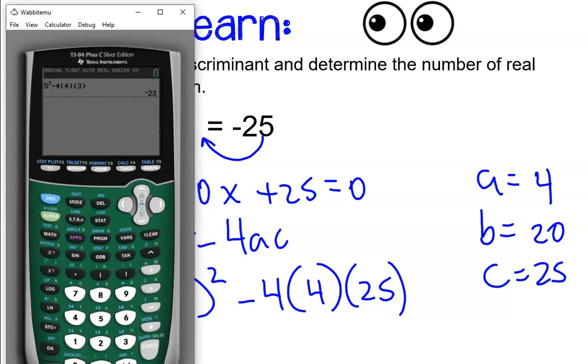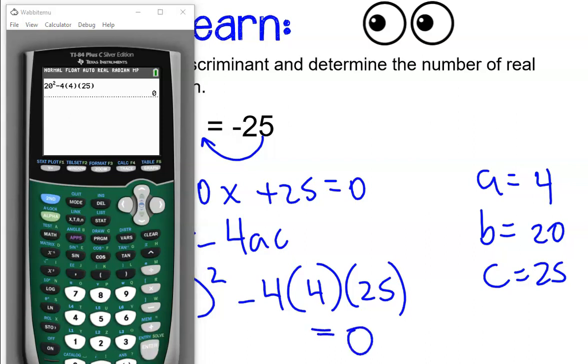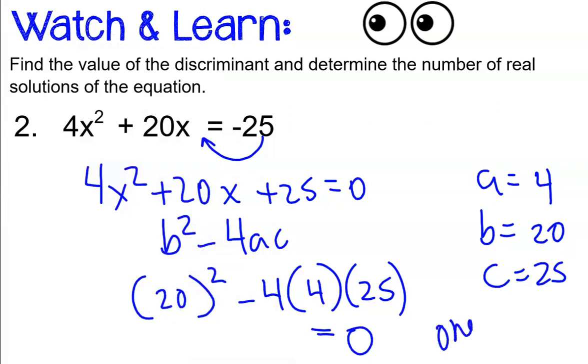Get my calculator out. So I get 20 squared minus 4 times 4 times 25. And I get 0, right? When you get a perfect 0, that means there is one real solution.